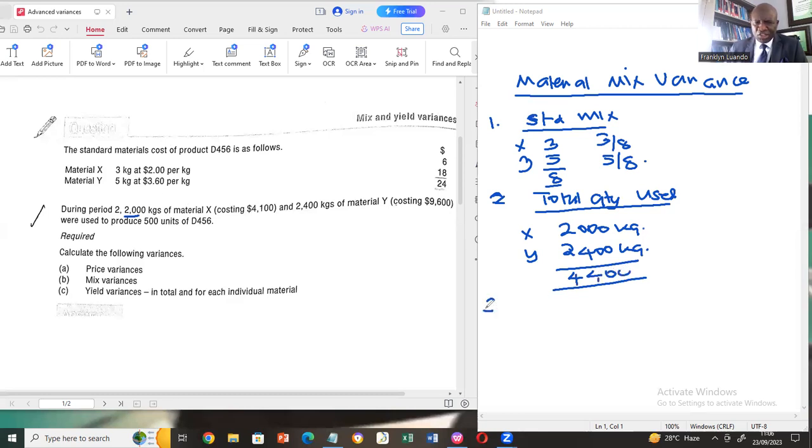Step 3, we need to find now the standard mix in actual quantity.